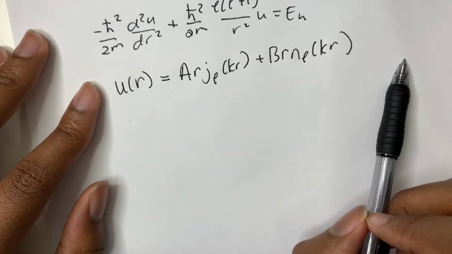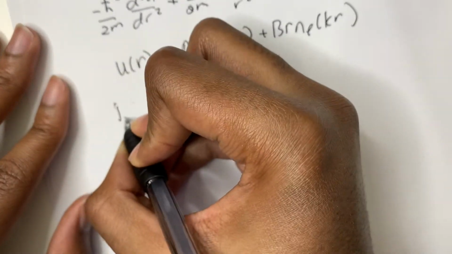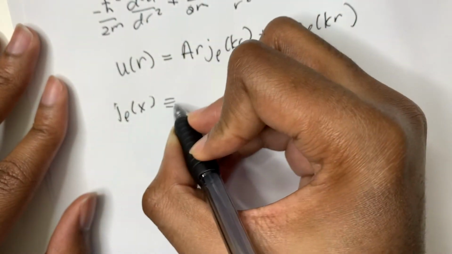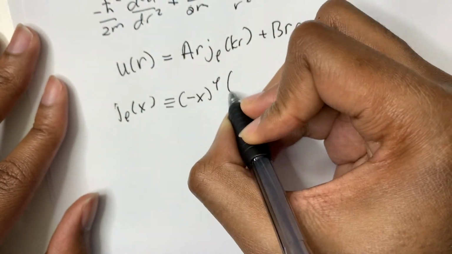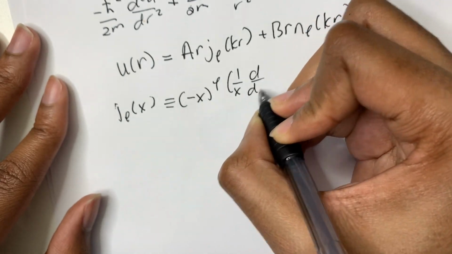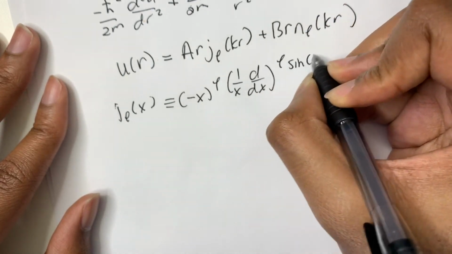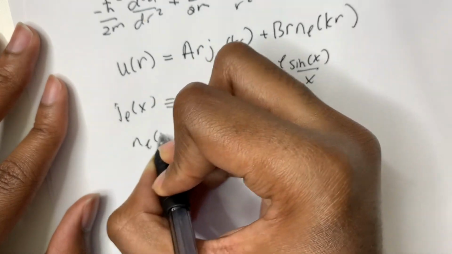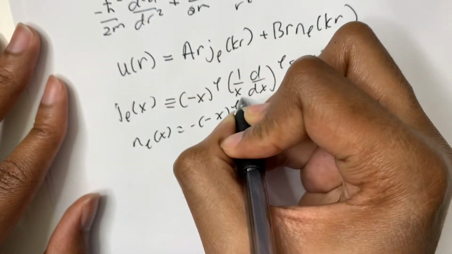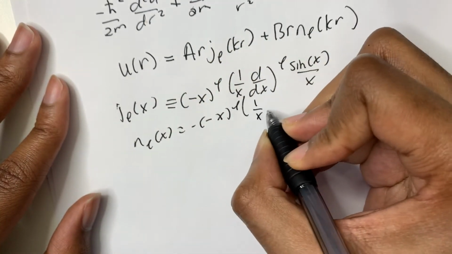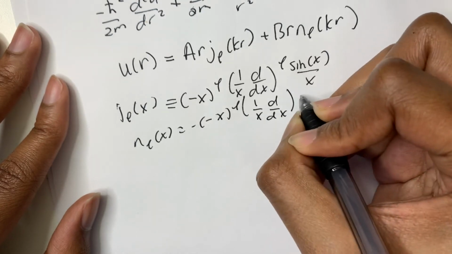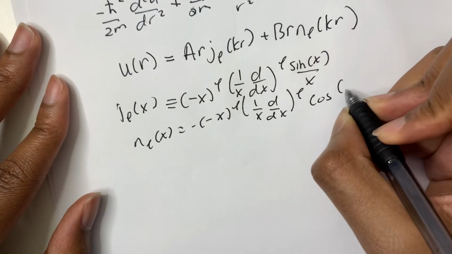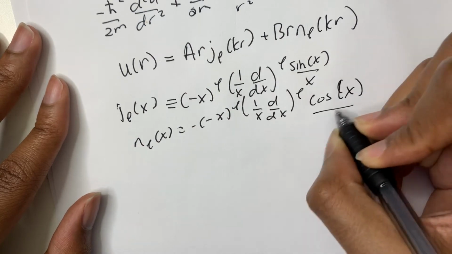That's our general equation, where j_l are the Bessel functions defined as (-x)^l (1/x d/dx)^l sin(x)/x, and n_l(x) is (-x)^l (1/x d/dx)^l cos(x)/x.